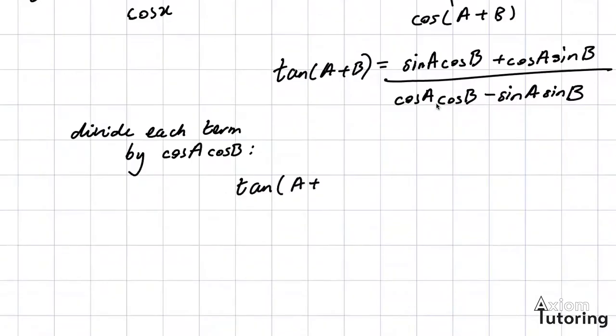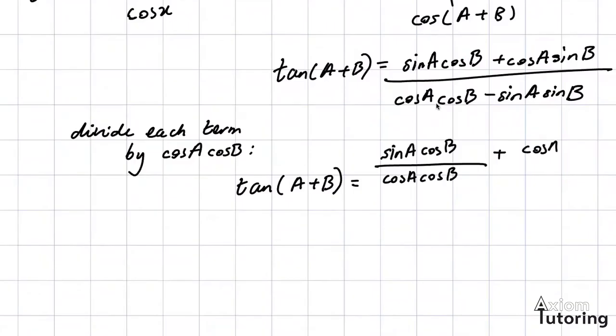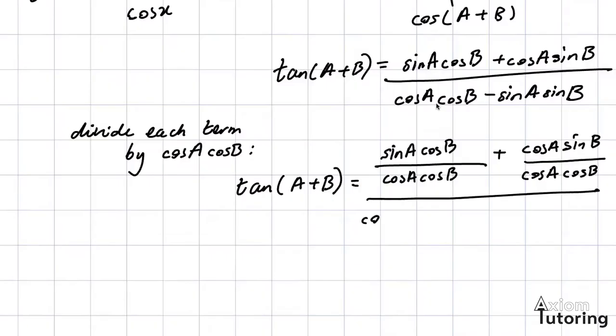So of course, this is still an expression for tan of A plus B because we're dividing each term in the numerator up here and the denominator down here by cos of A cos B. So then tan of A plus B is also equal to sine of A cos B over cos A cos B plus cos A sine B over cos A cos B, all over cos A cos B over cos A cos B. That's useful.